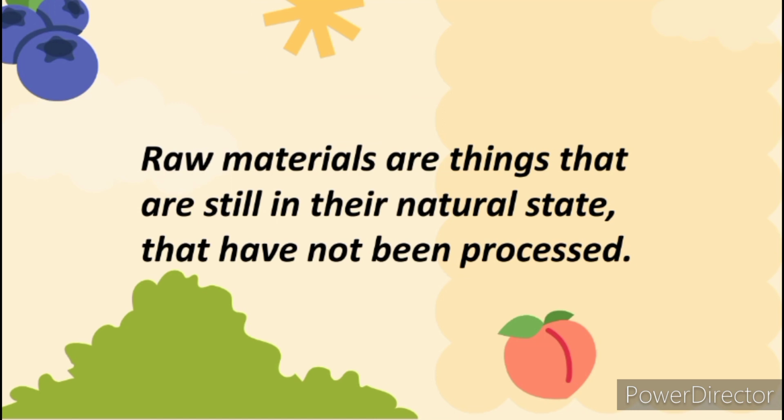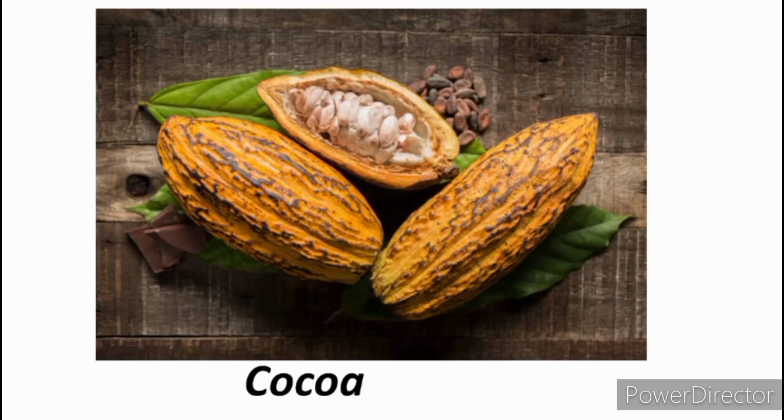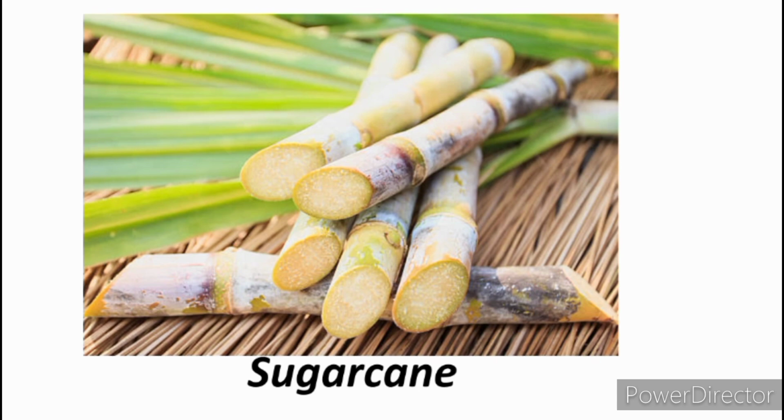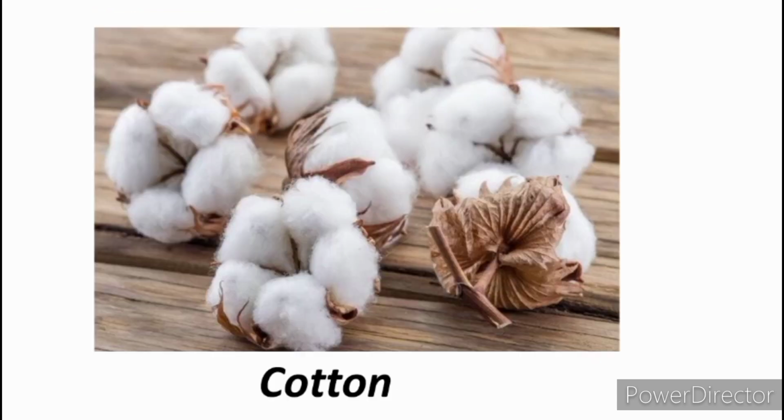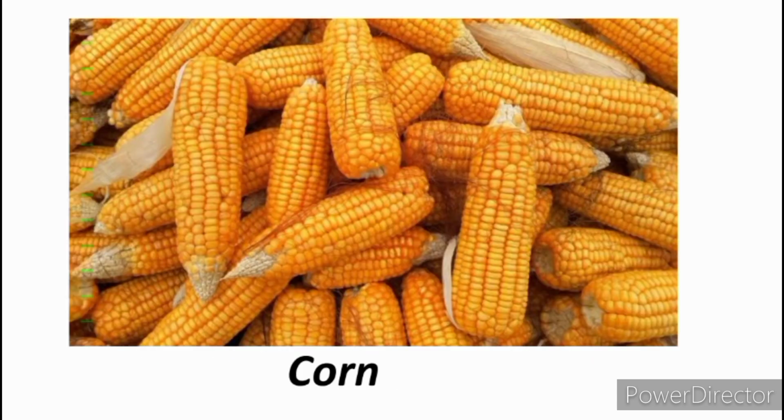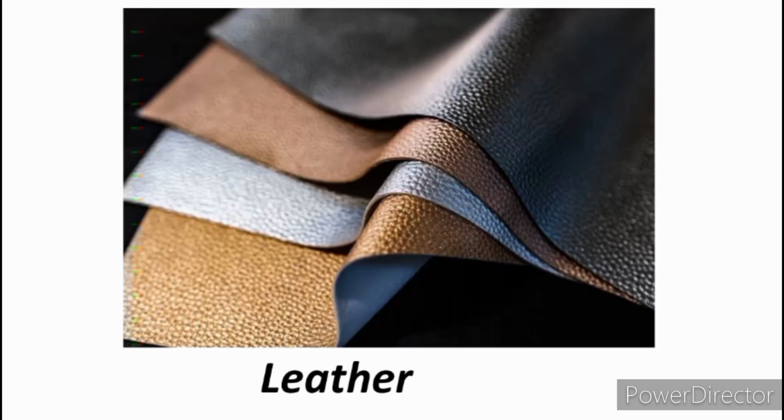That's also correct, because raw materials are used for producing other goods. Examples are cocoa, sugarcane, cotton, corn, leather, etc. There are a whole lot of examples of raw materials.